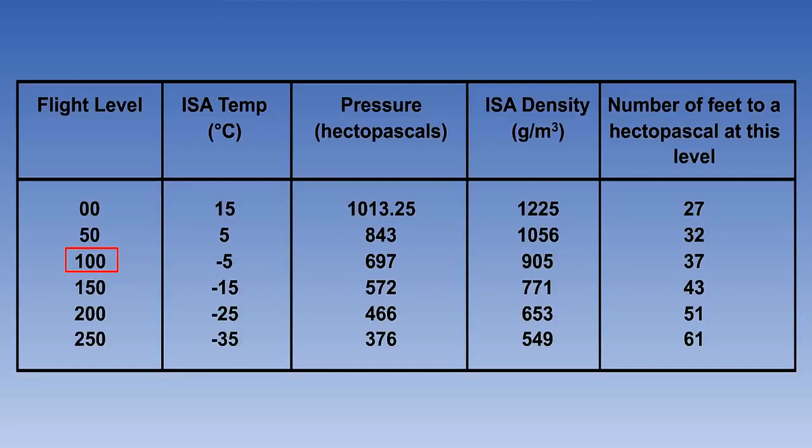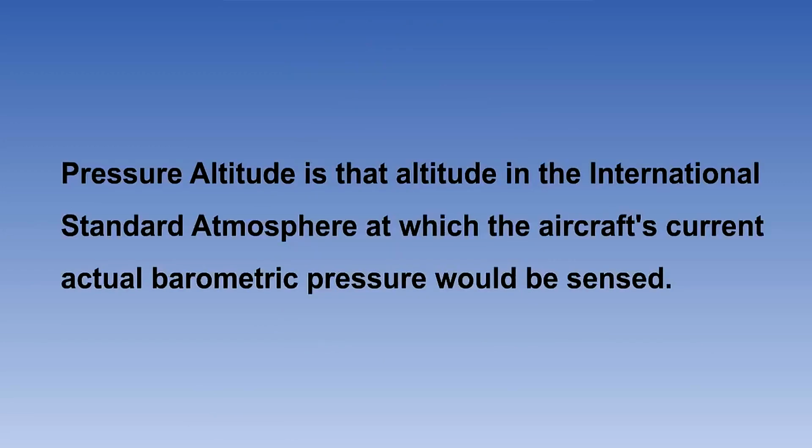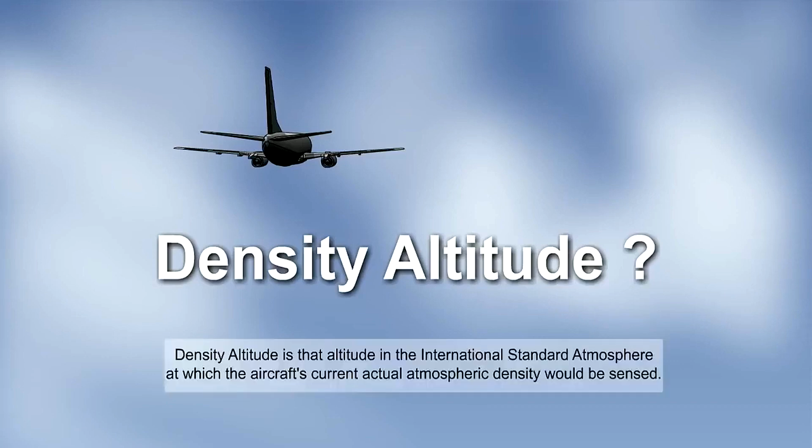The definition is, pressure altitude is that altitude in the International Standard Atmosphere at which the aircraft's current actual barometric pressure would be sensed. Imagine that you were in an aircraft, and on that day, in that particular atmosphere, at a true altitude of, say, 9,700 feet, there is a combination of barometric and temperature errors, which gives you an atmospheric pressure of 697 hectopascals.